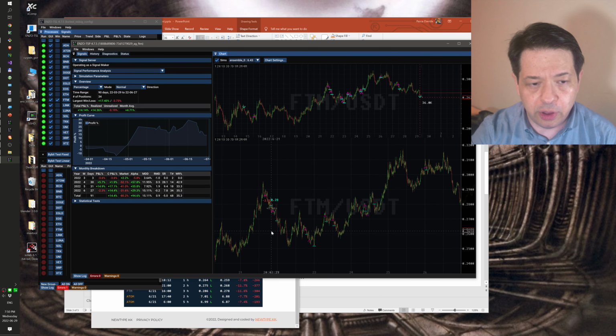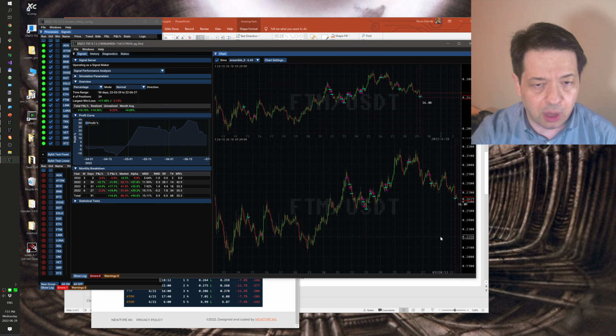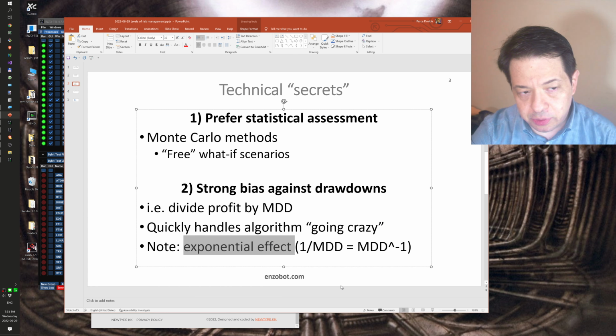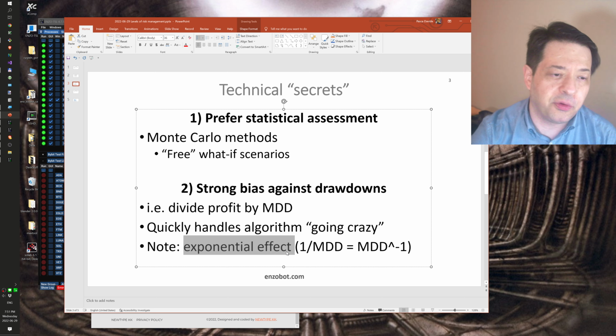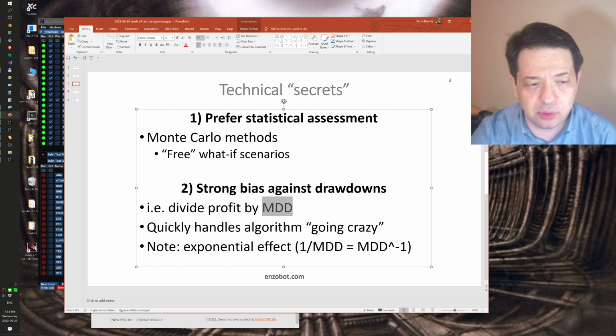And then even though FTM continued to underperform and do all sorts of weird things, take more losses, we didn't get any more of those because of that. So that's really a key. You may do some testing in your portfolio management and decide that perhaps you don't want to be biased necessarily against the maximum drawdown.